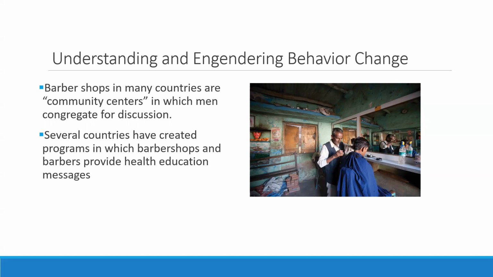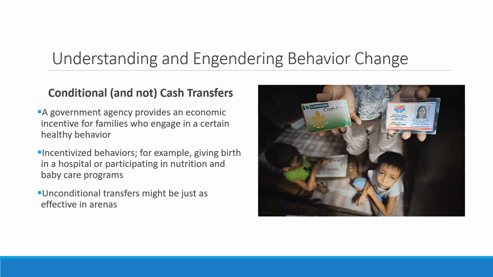Having community leaders in a church or in a mosque, of any religion, they have big sway and a big influence on the attitudes and norms of a community, because they're well respected. And so getting them to champion a program or be the educator themselves can be a very successful approach.